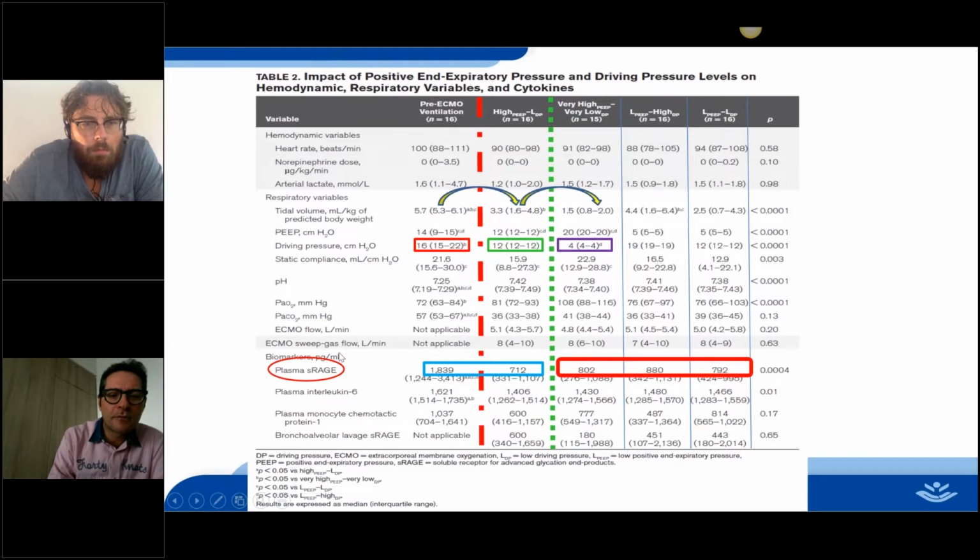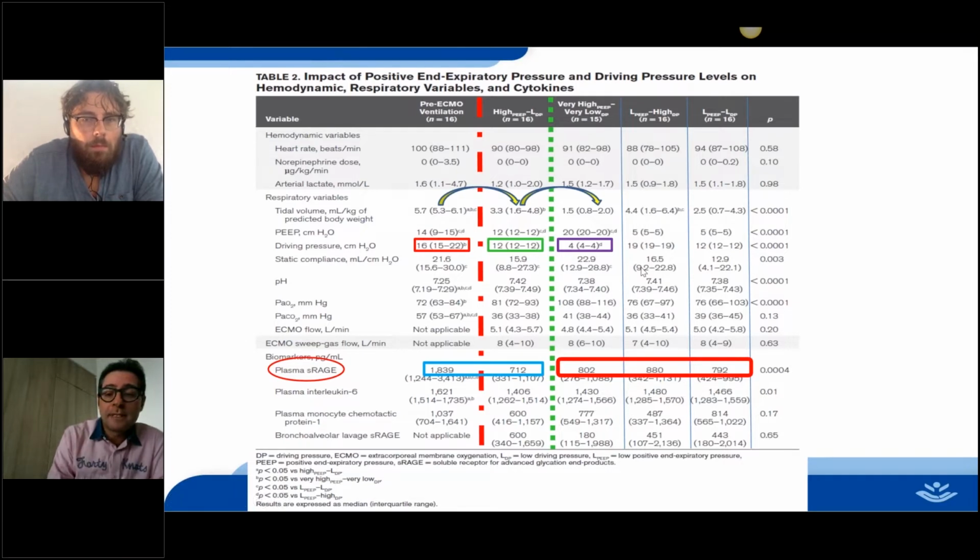But in terms of blood cytokines like the serum RAGE, just with this maneuver of moving from protective lung ventilation to ultra protective lung ventilation, we reduced significantly the amount of plasma RAGE. Nothing happened instead when we tried to reduce our driving pressure here and increase at the same time the PEEP.